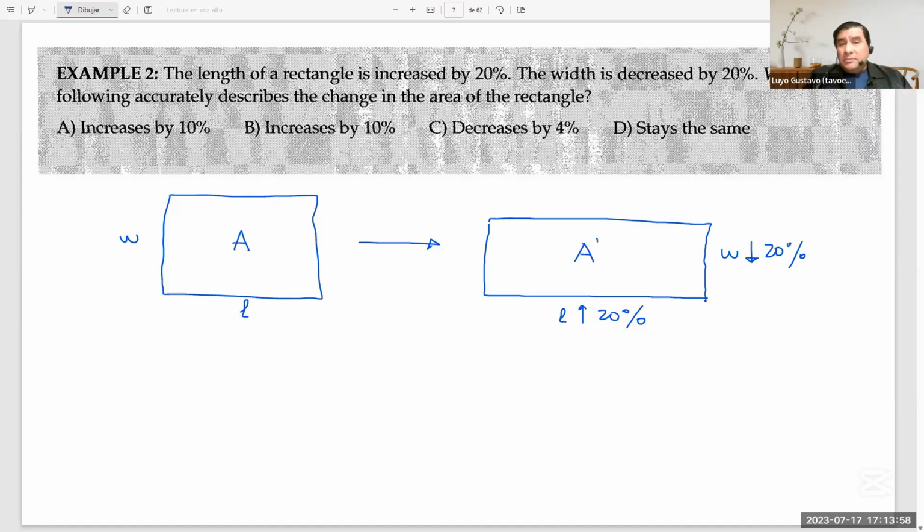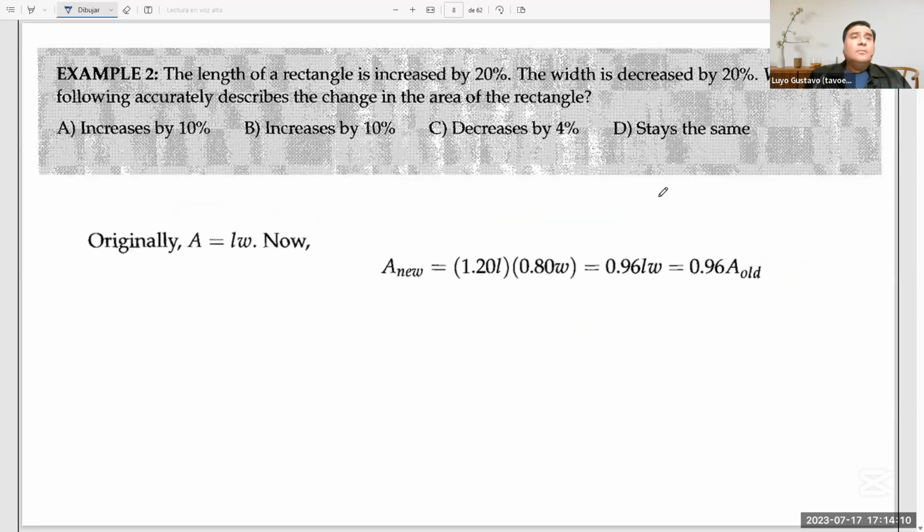Notice here that we can approach this question in the following way. Take a look. If the area of the rectangle is base times height, that is length multiplied by the width, then the new rectangle will have two dimensions that can be expressed like this.